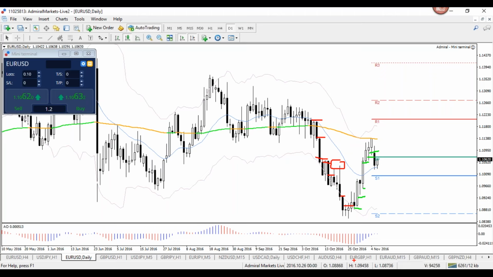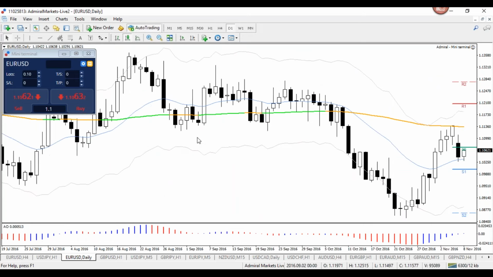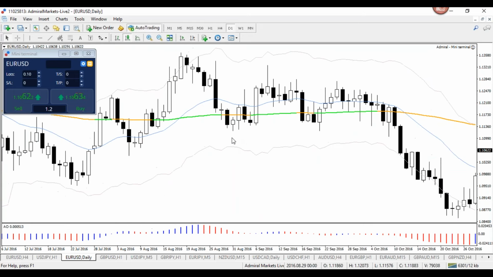What else? You can look at candle closes versus previous candle closes, right? So let's take a look at, for instance, let's see. Yeah, here for instance, you have a couple of examples where the candle closes are below the low of the previous candle, like this.